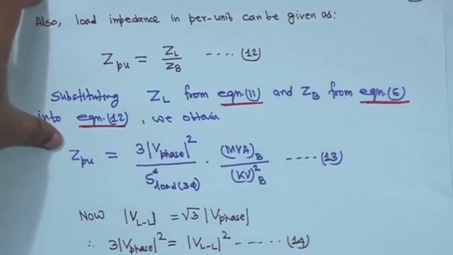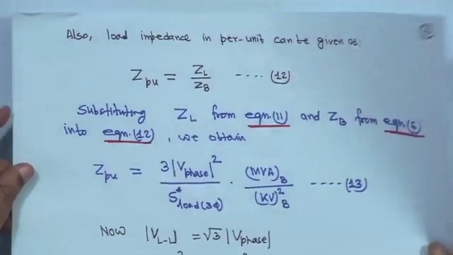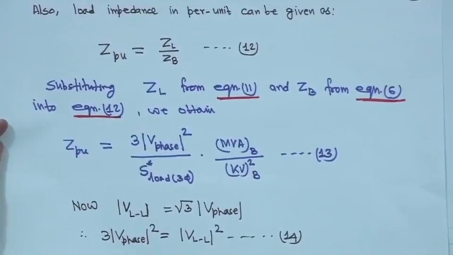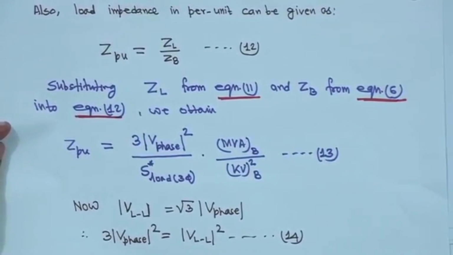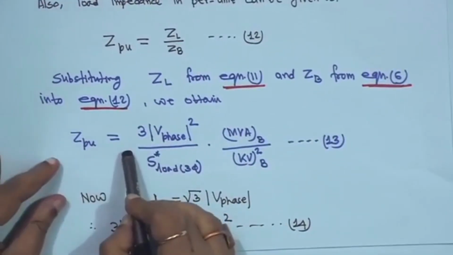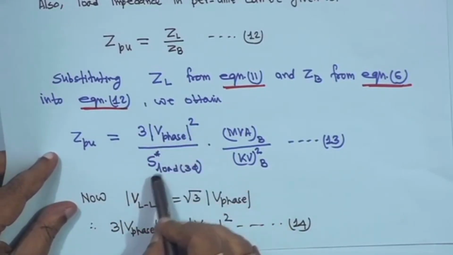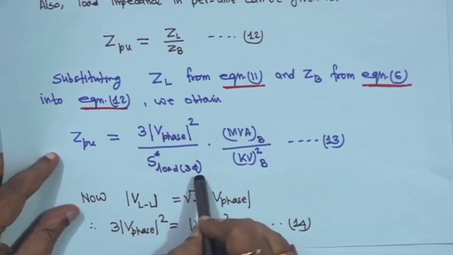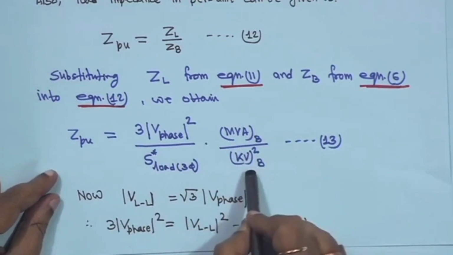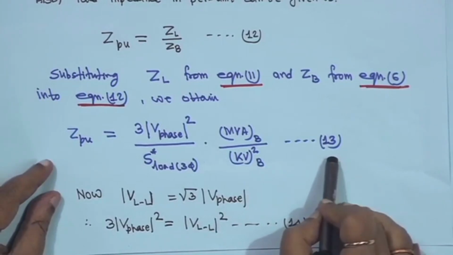If you do so, it will become ZPU is equal to 3 into magnitude V phase square divided by S conjugate load 3 phase into MVA base upon kV base square. This is equation 13.